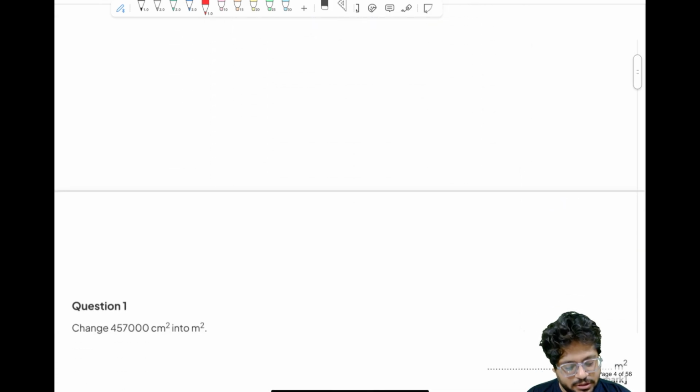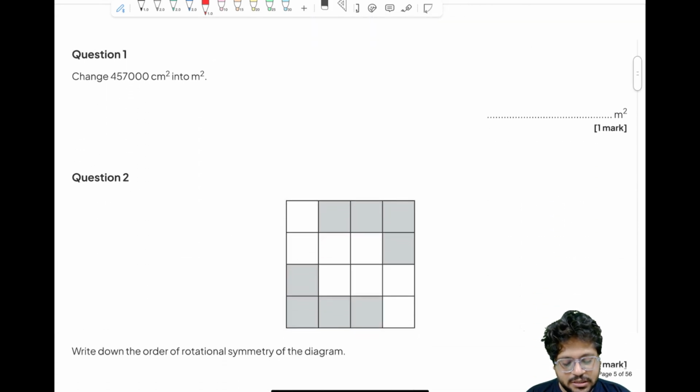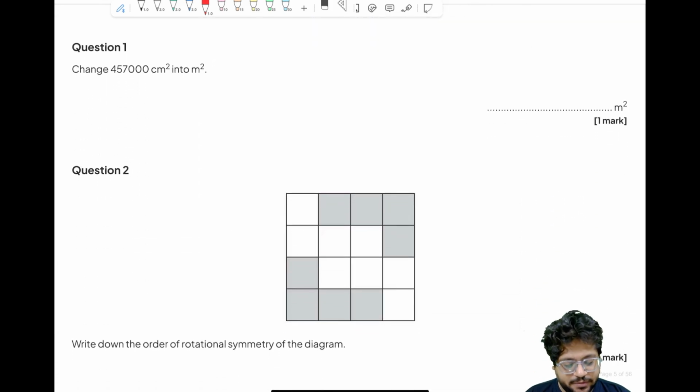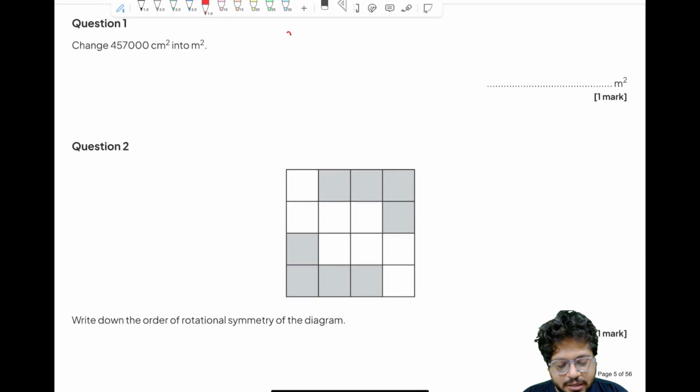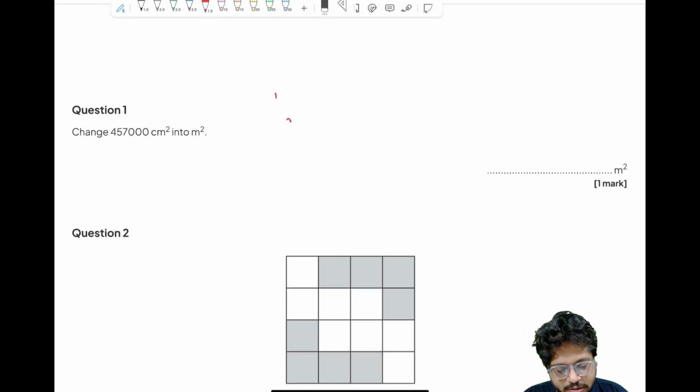Okay, second worksheet. Change this centimeter square to meter square. In the last worksheet we have already done the conversion from meter square to centimeter square. This is centimeter square to meter square. Let's revise it again. 1 meter is equal to 100 centimeter, we already know that.